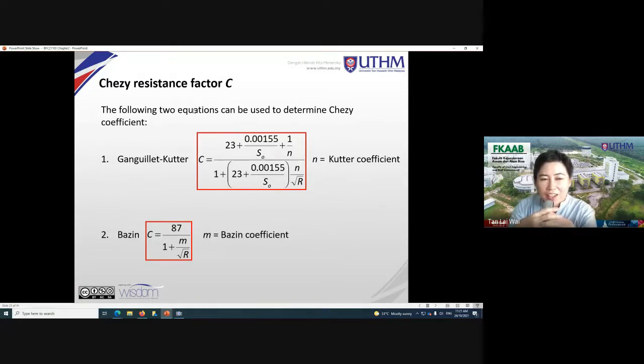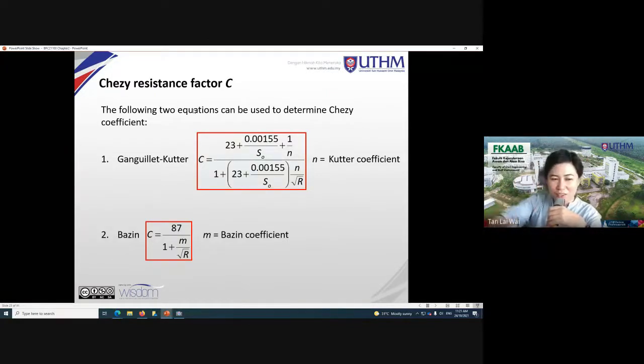Either you can read it from a table, or we give you the value straight away, or we ask you to find it using Ganguillet-Kutter and Bazin formula. So for Bazin, of course, we'll give you the Bazin coefficient. If you are using Ganguillet-Kutter, therefore we will give you Kutter's coefficient, or we could give you C and ask you to find a Kutter coefficient and also Bazin coefficient.